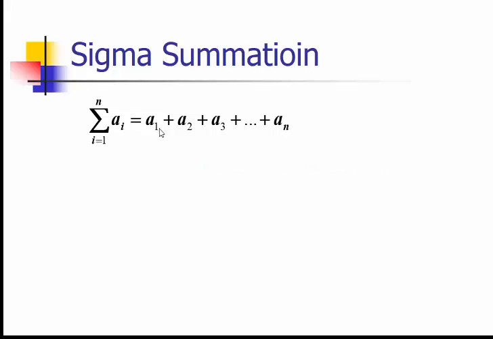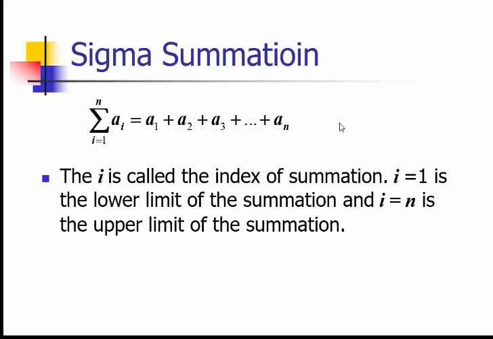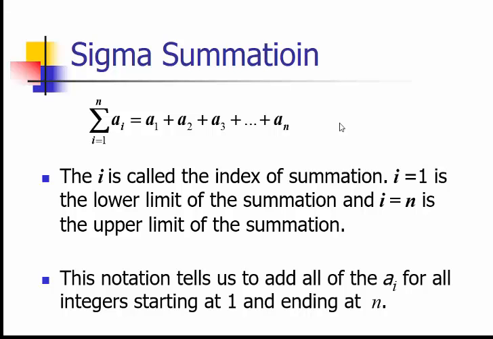That's a sub 1 plus a sub 2 plus a sub 3, on and on until we get to whatever we define n to be. The i is called the index, the lower limit is 1, and the upper limit is n. This notation tells us to add all the a sub i for all integers starting at 1 and ending at n.